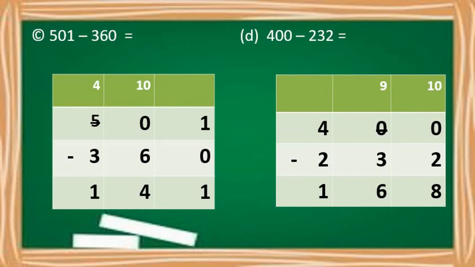Okay, students, let's check question number 2. Question number C is what, students? 501 minus 360. So let's start solving this question. 501 minus 360. 1 minus 0, we can take 0 from 1.